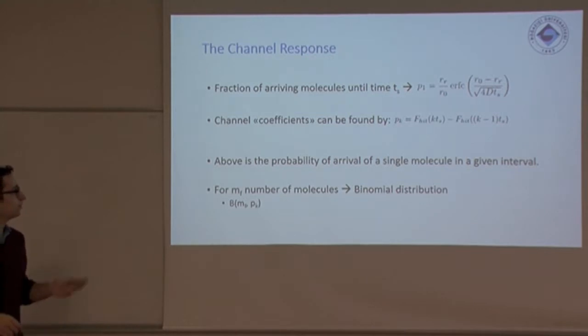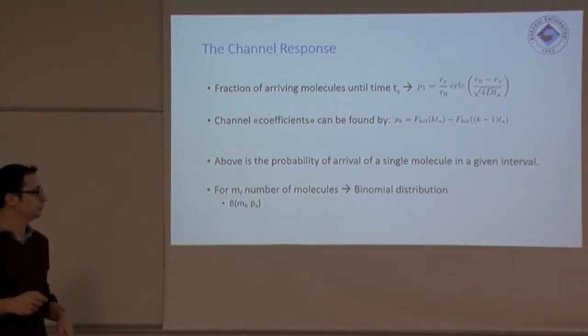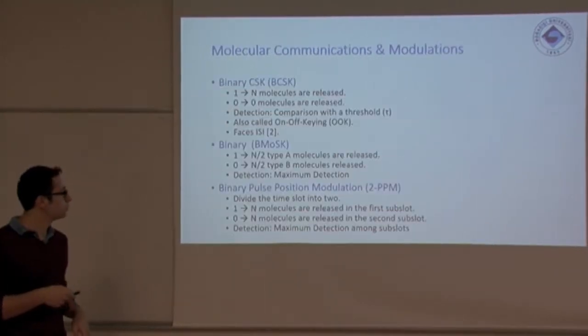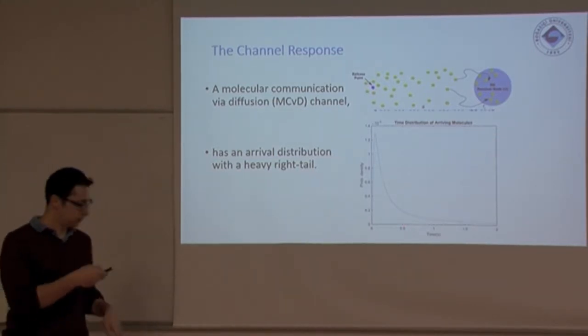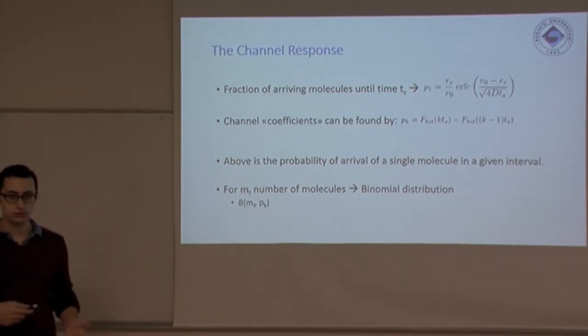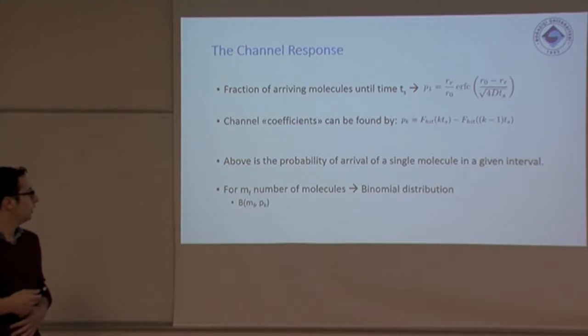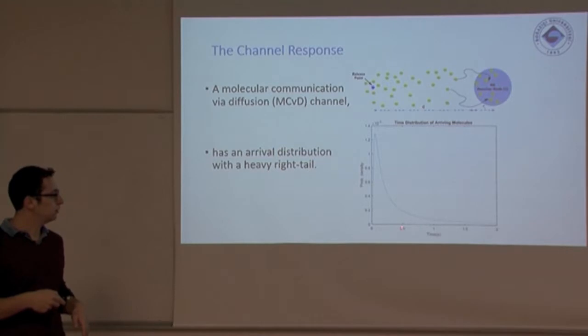The fraction of arriving molecules until time Ts, the symbol interval, whatever modulation we have, is given by this formula. Using this formula corresponds to the integral of this curve from 0 to some Ts on the time axis. To find the FIR channel coefficients, we can differentiate between the two points.